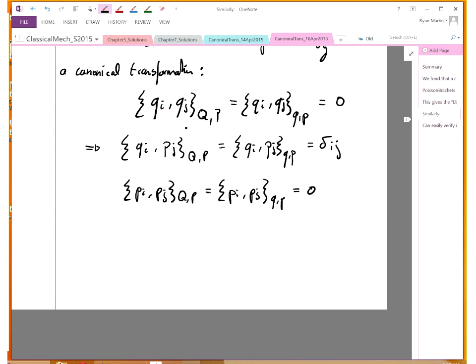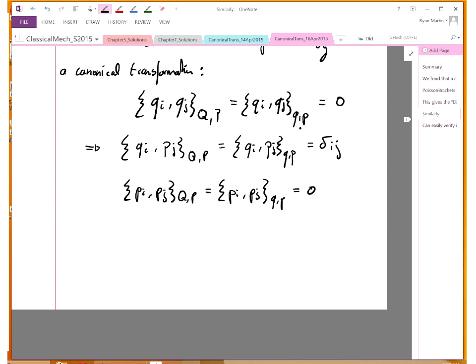Okay, so what we've done here so far is the main result: we've shown that if I do a canonical transformation, if I do a Poisson bracket in the capital Q's and the capital P's, I get the same number as if I do it in the lowercase q's and the lowercase p's.